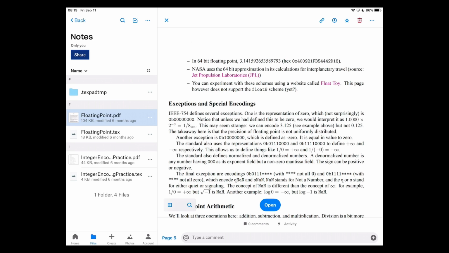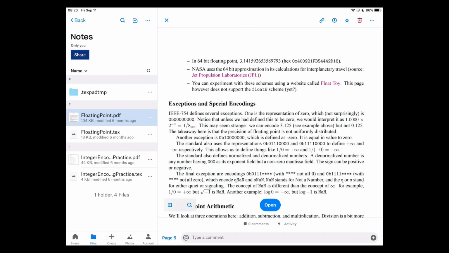But here's a good reason. What's the square root of -1? Yeah, we call it an imaginary number, right? Well, that's not plus and minus infinity, is it? It's a different concept.